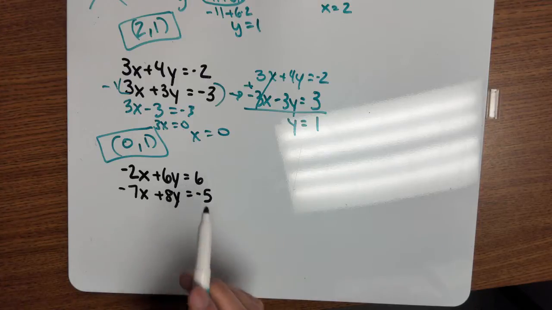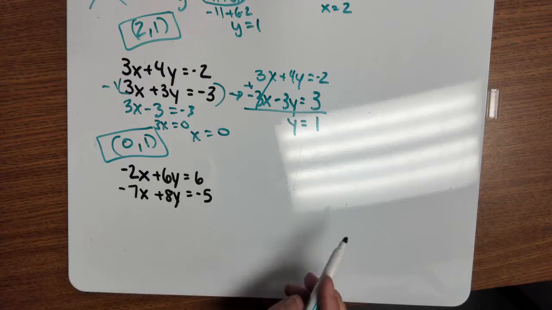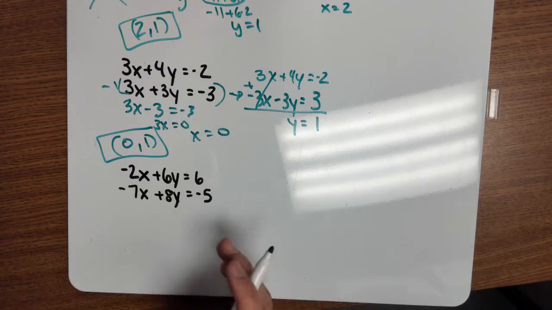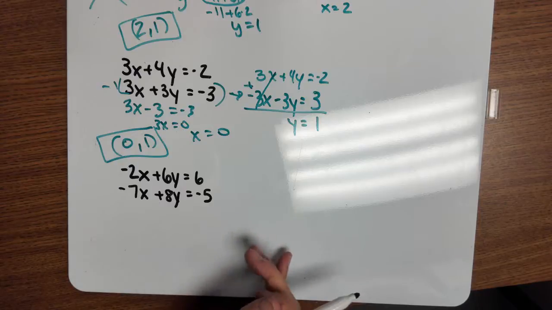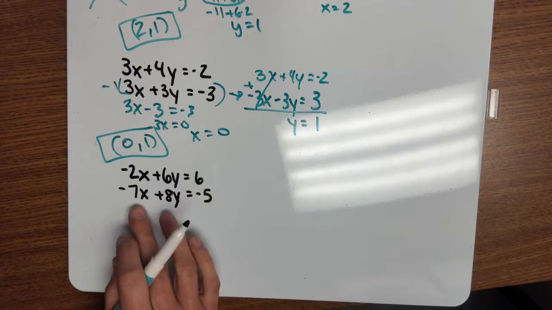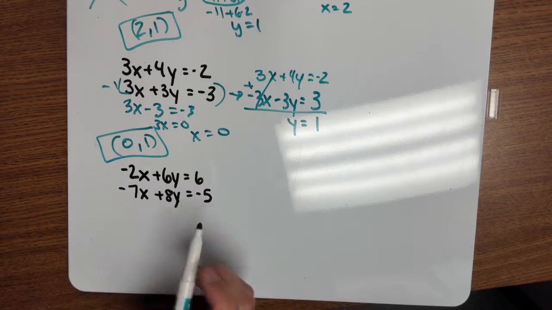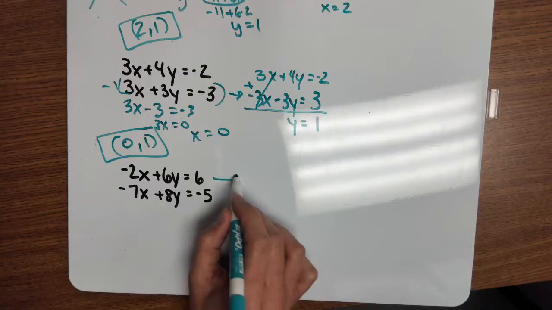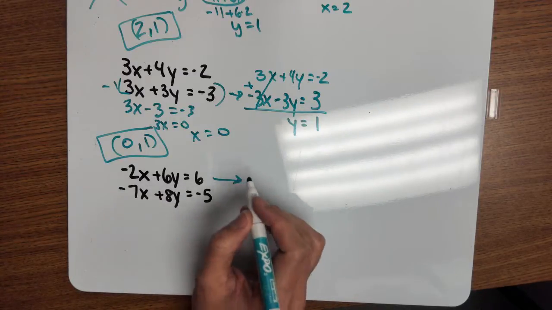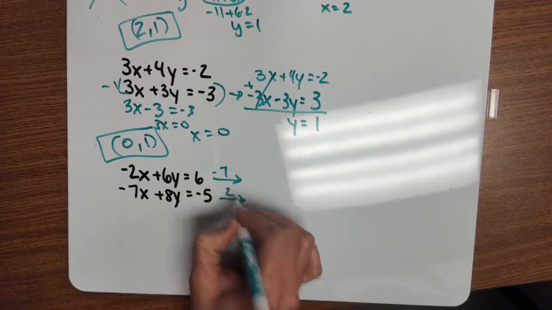That would probably be the quickest, but for the sake of review, I'm going to solve it with elimination. In order to eliminate, we have to have one variable that has the same coefficient with opposite signs. In this problem, neither of them have the same coefficient already, neither of them have opposite signs, so it doesn't matter which one we pick. I'm going to eliminate x's. So I'm going to multiply the top by negative 7, and I'm going to multiply the bottom by positive 2.